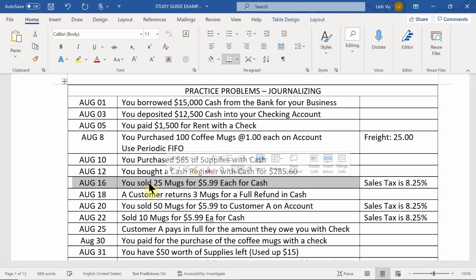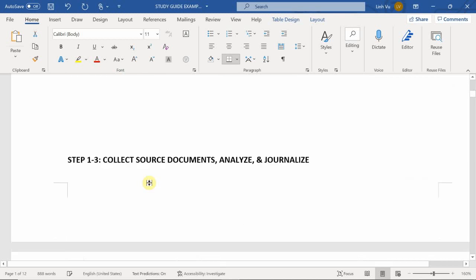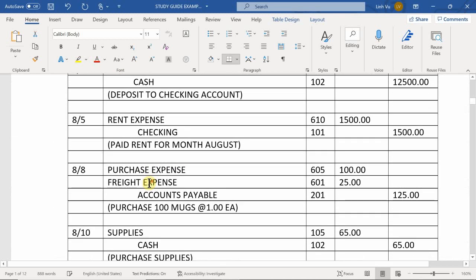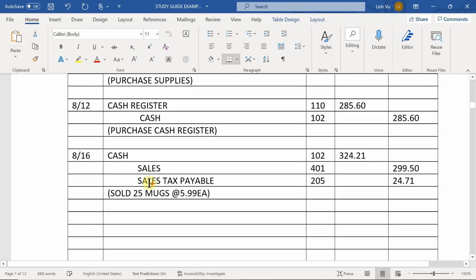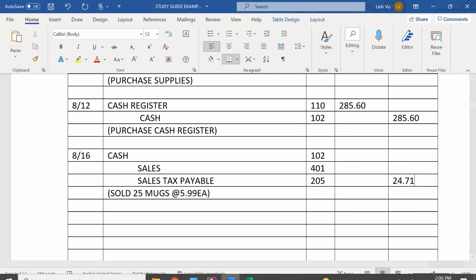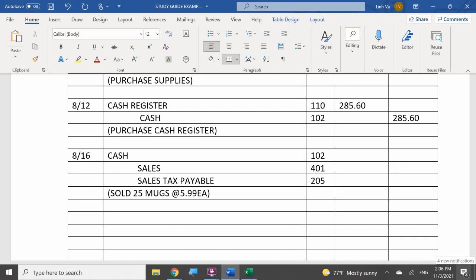Let me see. The cash is gonna be 149.75. Okay, you calculated this wrong? Yeah, I calculated with 50 coffee mats, not 25. So the sales is 25 times 5.99. What did you get? It's 149.75.